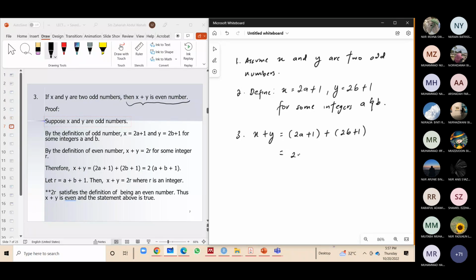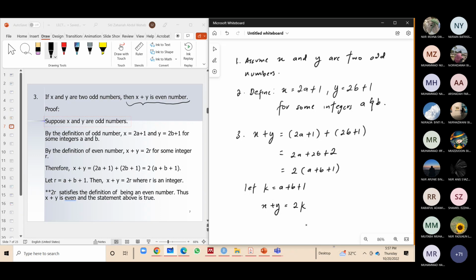Expand the bracket, we get 2a plus 2b plus 2. So we can factorize this to 2 times, in the bracket, a plus b plus 1. And then let k equal a plus b plus 1. So your equation will be x plus y equals 2k.